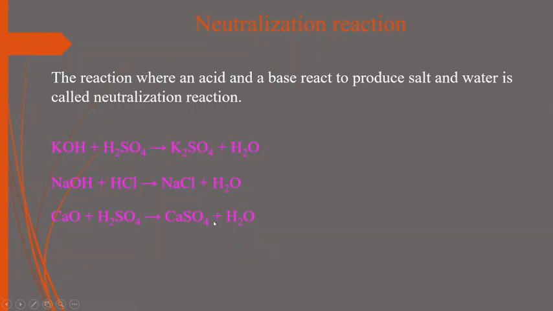Here magnesium oxide is a metallic oxide, so it is a base, and nitric acid is an acid, and they produce magnesium nitrate and water, salt and water. So it is also a neutralization reaction.